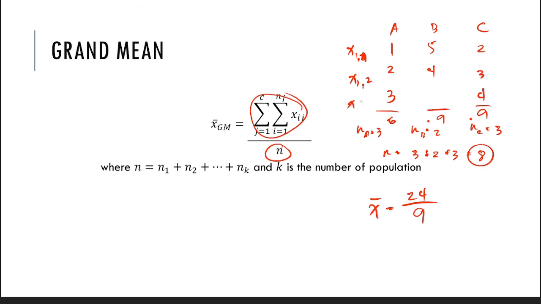So, itong 3, that will be x1, 3. Itong 5, that will be x2, kasi second column na siya, 1. This will be x2, 2. So, i-add mo lang yung mga yan. Yun yung ibig sabihin niya. So, hindi mo kailangan matakot dyan sa values na yan kasi ang ibig lang natin sabihin dyan sa grand mean, we just need to add all of the values. Okay?